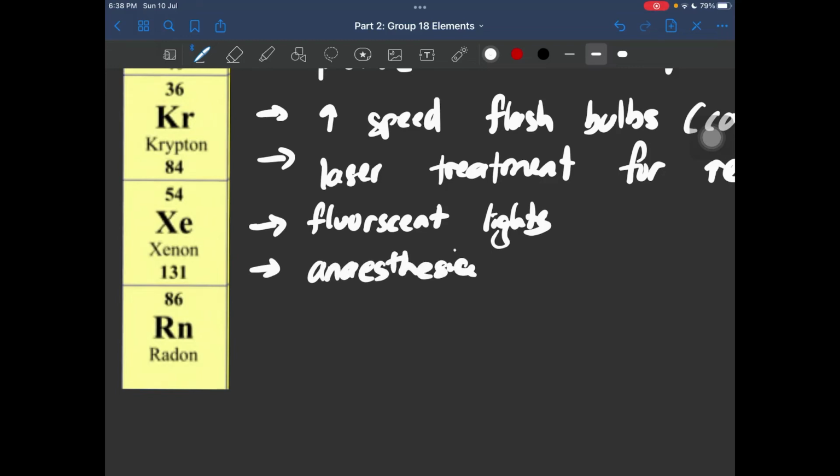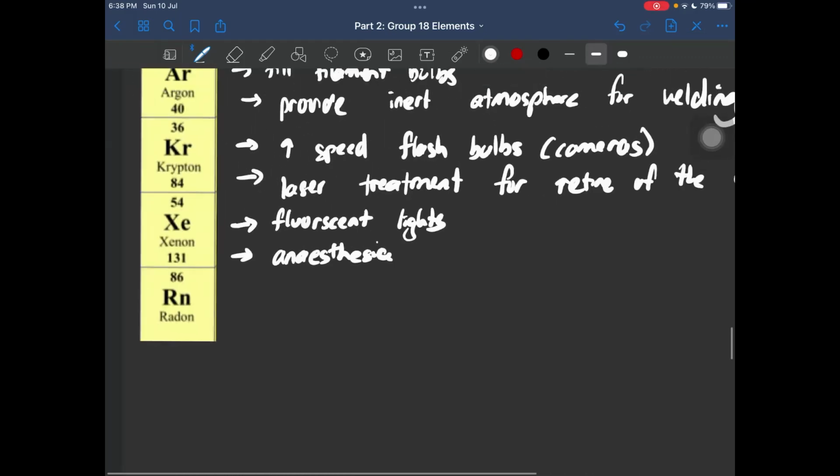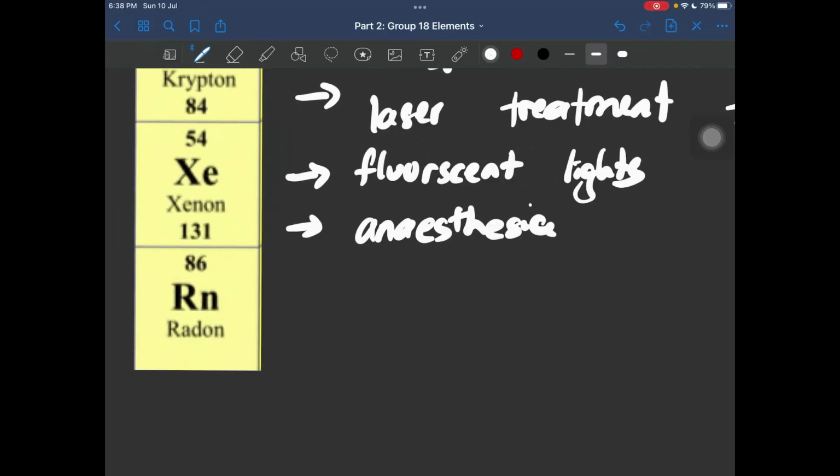If you're going to do surgery, you want to minimize the pain felt by the patient, and you would usually inject anesthesia, or have the patient breathe in anesthesia gas. In the anesthesia gas, you actually use xenon. Finally, you have radon. Radon is used for radiotherapy for cancer treatment.